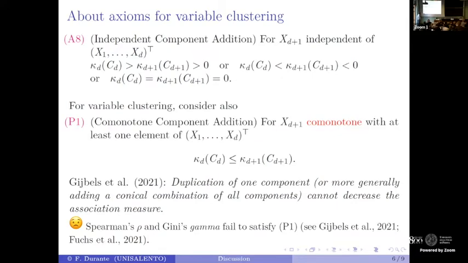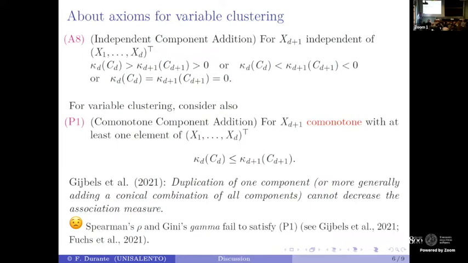Okay, we have similar axioms when you are doing this also with a comonotone component. You have a vector, you add a component which is basically a copy of a component that you already have. What happens to the association measure? Now it seems obvious that if you add a comonotone component, you are adding dependence to the whole vector. So in general, you should increase the association measure.